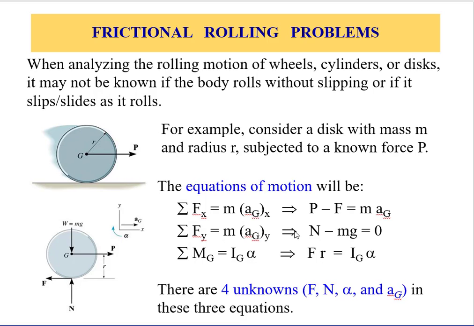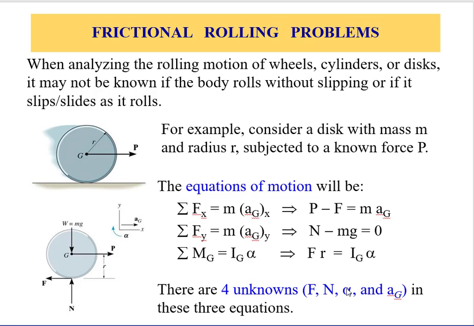Now the unknowns: the frictional force, we don't know it because we cannot simply assume it's a dynamic friction as a result of slipping, μk N. We cannot say it is a static μs N, or it could be a general F less than μs N. So that's why we keep it as is, and we have to make an assumption and verify.